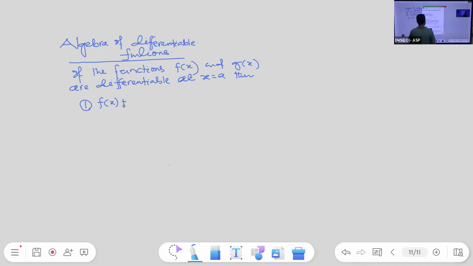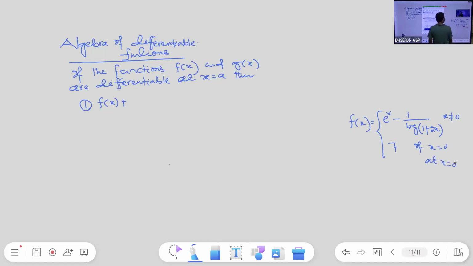So let me write down the question separately here. f of x is equal to e raised to the power x minus 1 upon log of 1 plus 2x if x not equal to 0, 7 if x is equal to 0, at x is equal to 0.